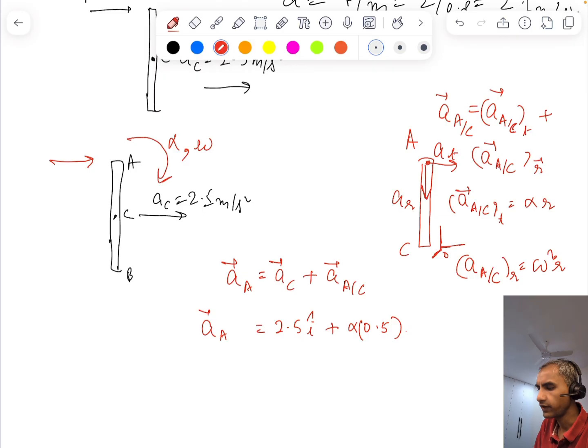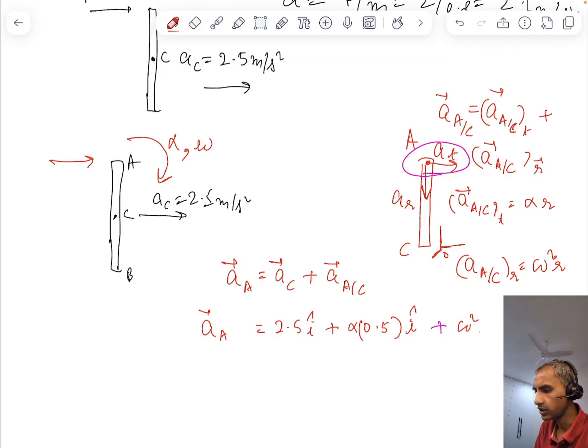Alpha 0.5. This is of course also i cap because this acceleration is acting in the positive i direction. That's the tangential acceleration of A with respect to C, right? And then we have omega square r. Of course this is minus j cap, right? Because this is acting exactly like this, in this direction, downwards.